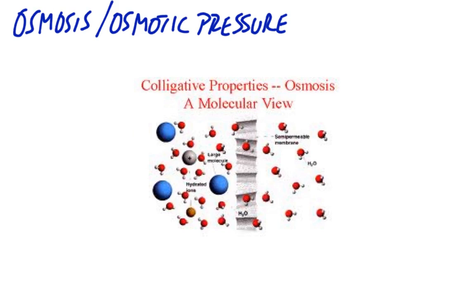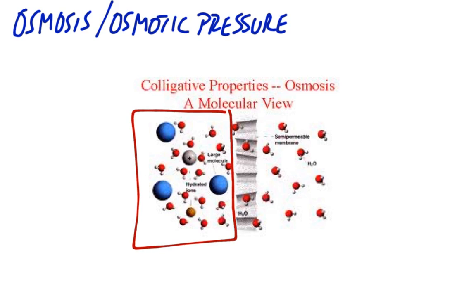The last colligative property that we're going to look at is osmosis and osmotic pressure. Now, in biology, hopefully you learned that osmosis is the movement of water across a semi-permeable membrane. Semi-permeable meaning it allows some stuff through, but not everything. So what we need to really focus on here is the concentration of the water molecules. If you look at the left compared to the right in this diagram, look at the concentration of the water molecules.